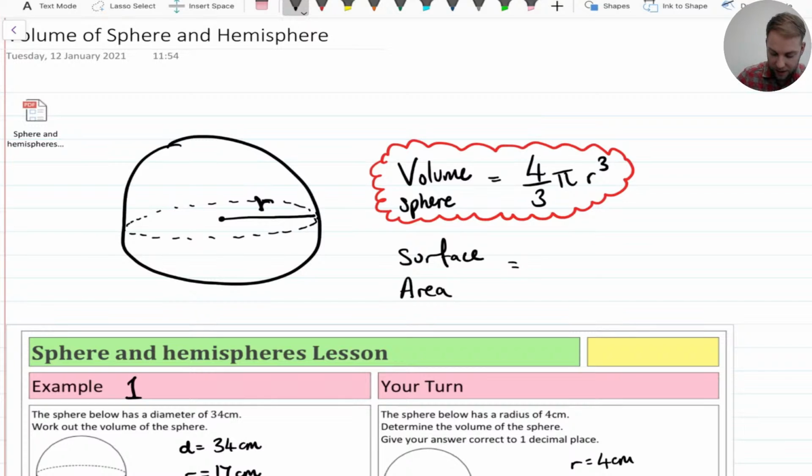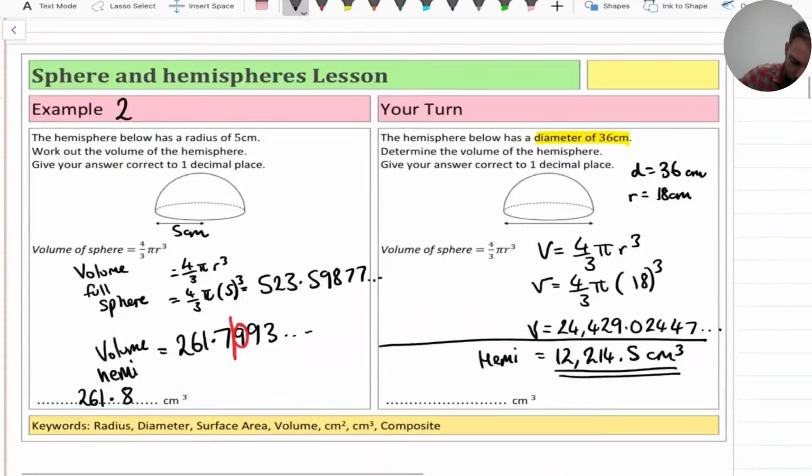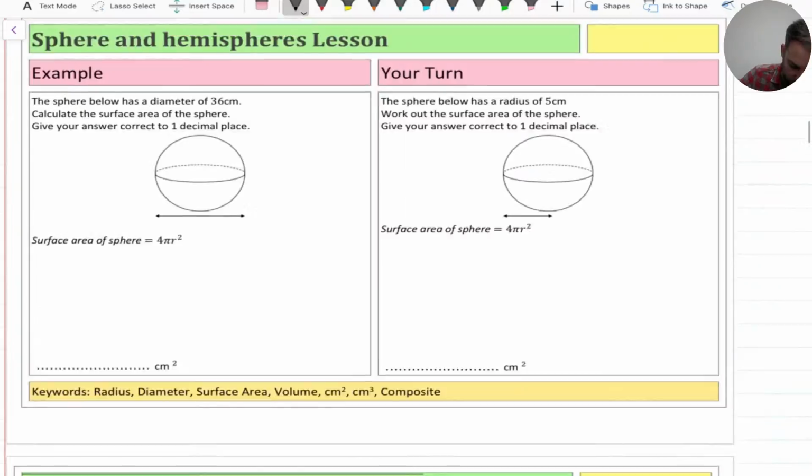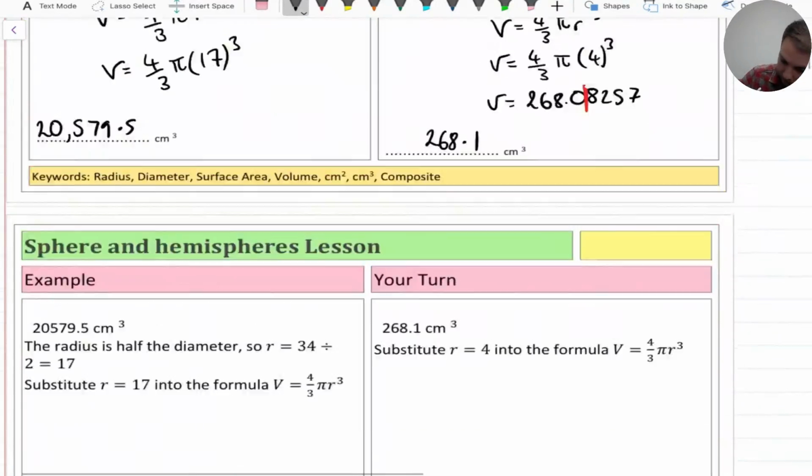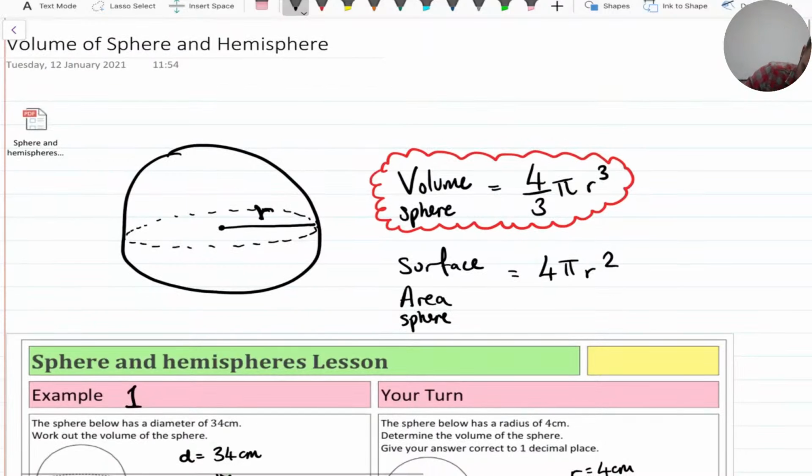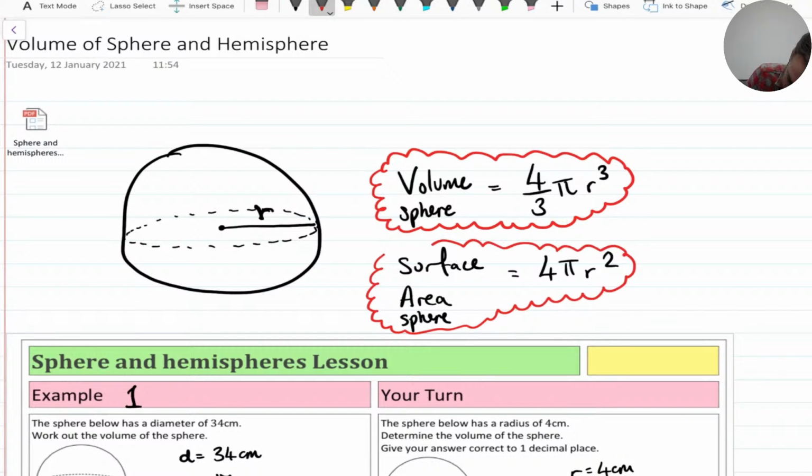And the formula for the surface area of a sphere is equal to 4 pi r squared. We'll go back to that in a second. So the surface area for a sphere is equal to 4 pi r squared.